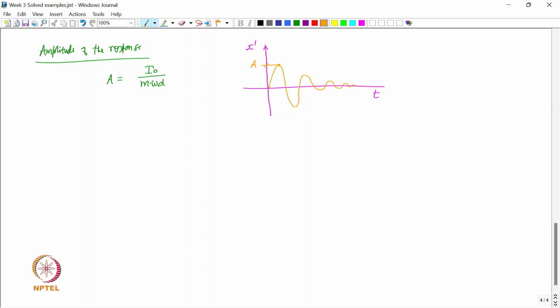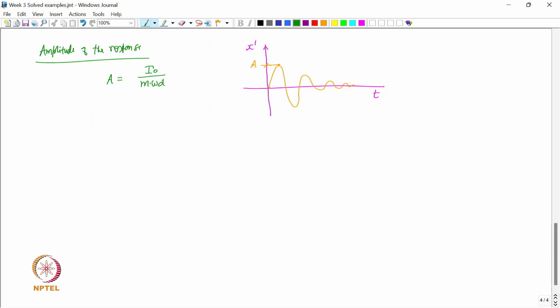So, the remaining part is due to the time domain function e to the power minus zeta omega n t into sin omega d t, that is the time varying function, the coefficient of that, which is I naught upon m omega d, is the amplitude. So, now we can easily substitute the values here, where I naught, maybe one by one we can find out those values first and then substitute.